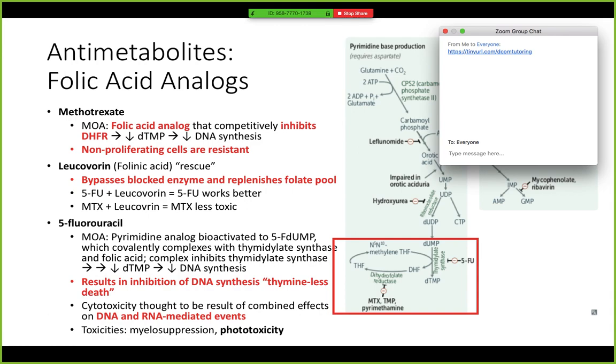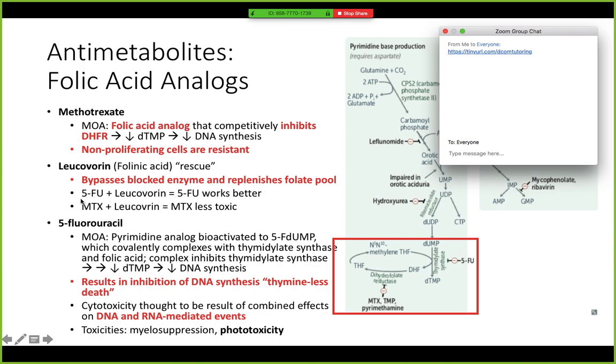One of the common adverse effects that you see with methotrexate is megaloblastic anemia. Megaloblastic anemia can develop due to a folate deficiency. And by giving a leucovorin rescue, you replenish the folate pool, which helps to fix the anemia, I guess you could say.